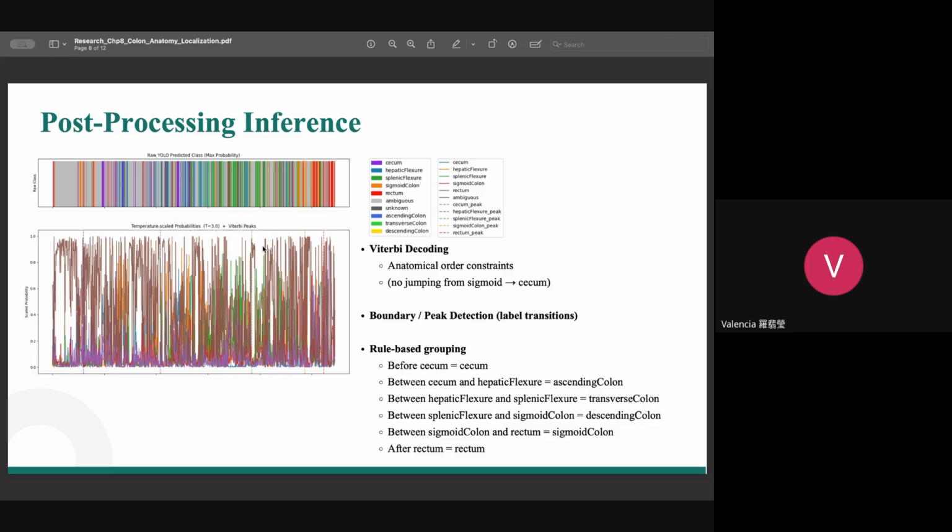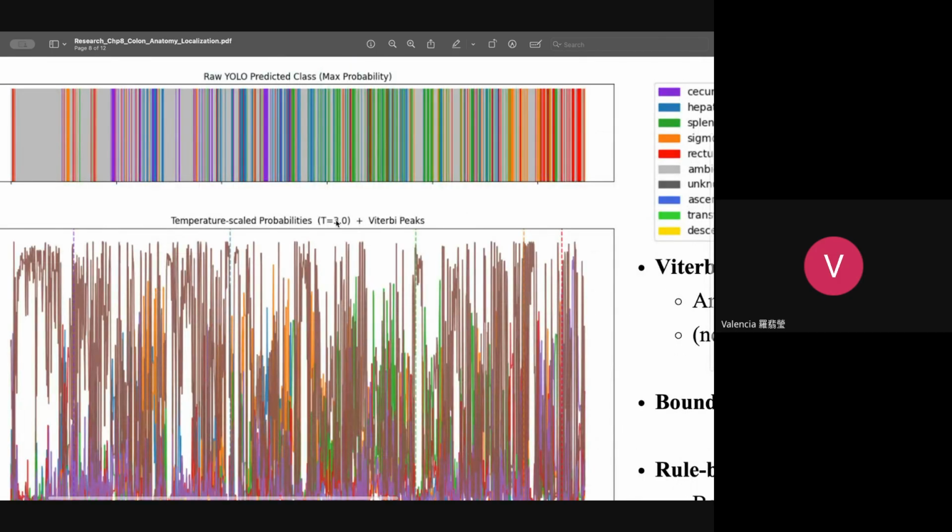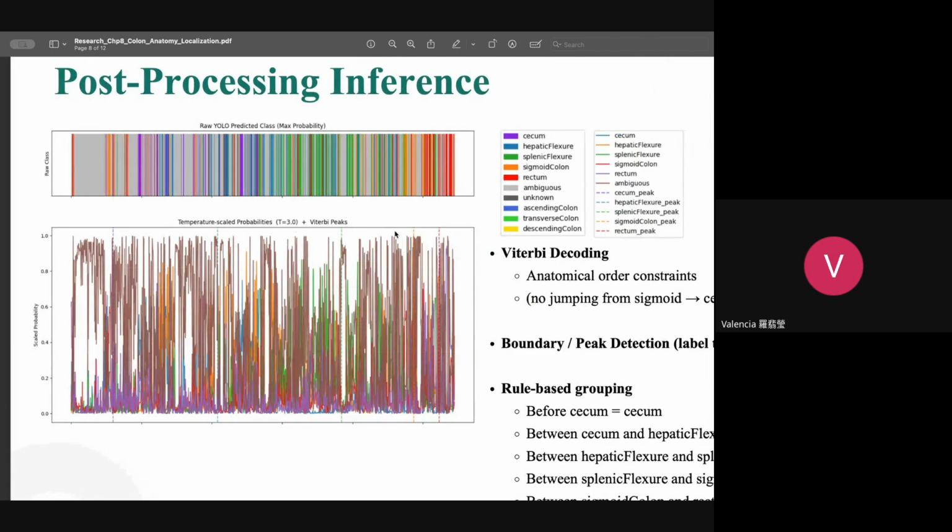The hidden Markov transition probability I set around 0.05, the probability of advancing to the next segment. So I prioritize that it stays, because I don't want it to keep flickering or changing too much. After we got this peak, this is the cecum, and then we got the hepatic, the splenic, and also the sigmoid and the rectum peaks.